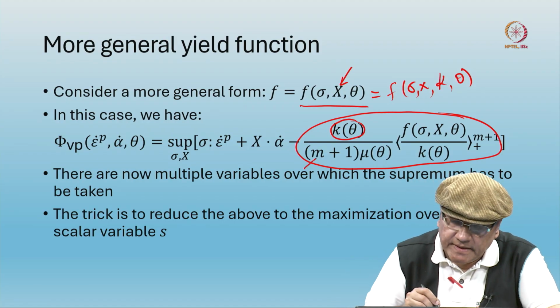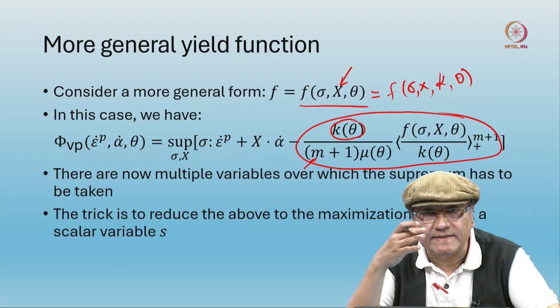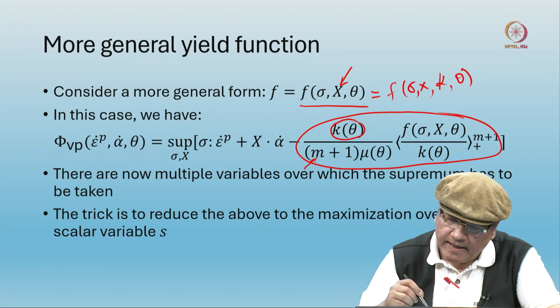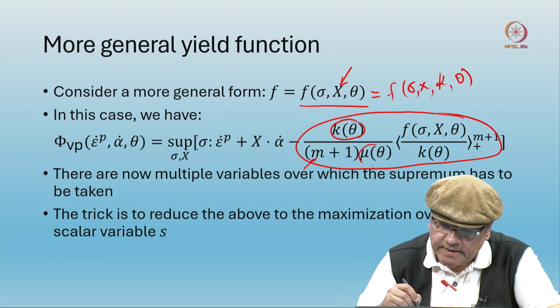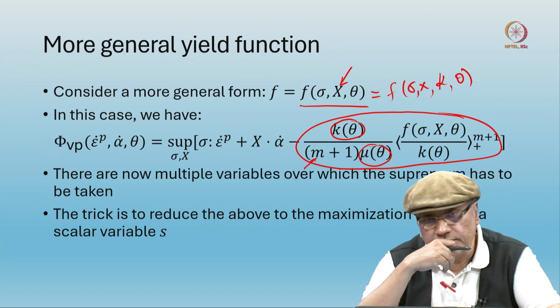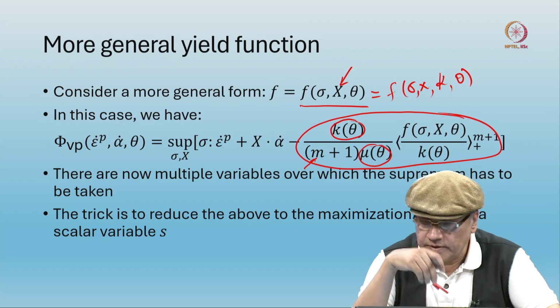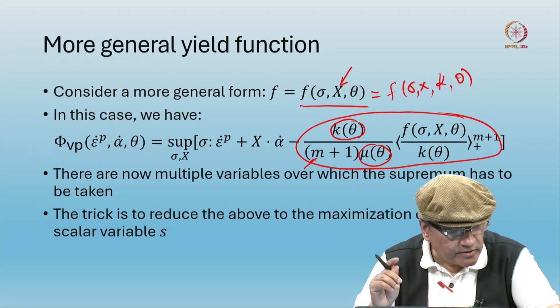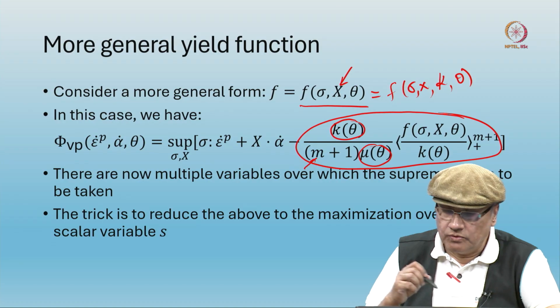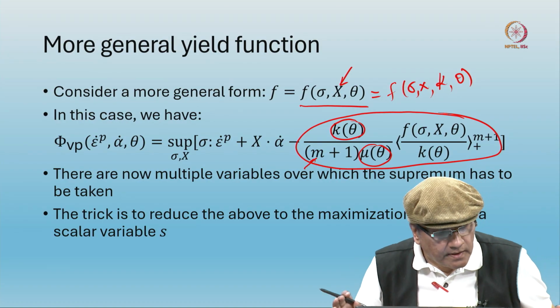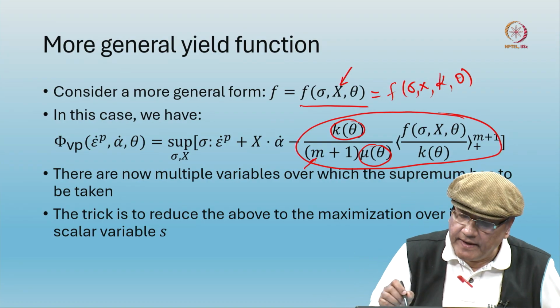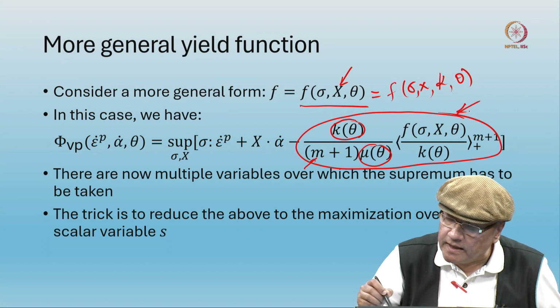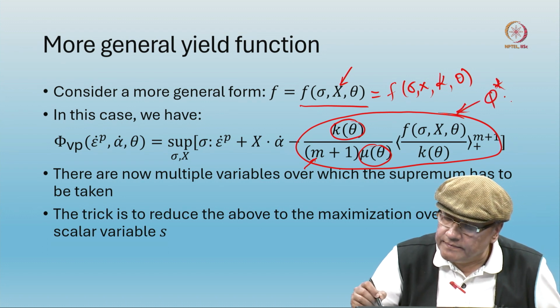M is the exponential rate sensitivity parameter and mu is the viscosity parameter, which also can depend on theta. So k can depend on theta, mu can depend on theta. Now you understand that this is phi star Vp.